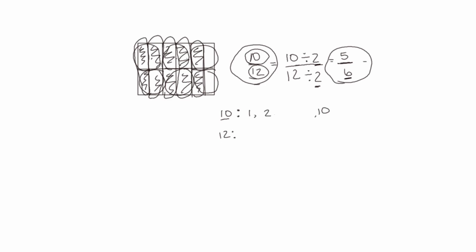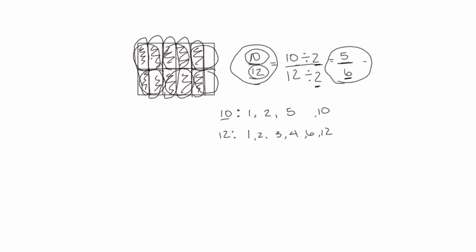We can do 2 times 5. 3 doesn't work, 4 doesn't work, 5 we have, 6 doesn't work. So those are the factors for 10. For 12, we have 1 and 12. We have 2 and 6, and 3 times 4. So those are all the factors for 12.